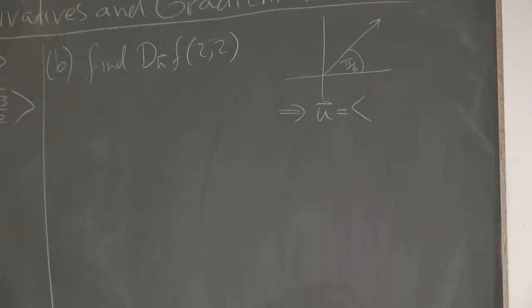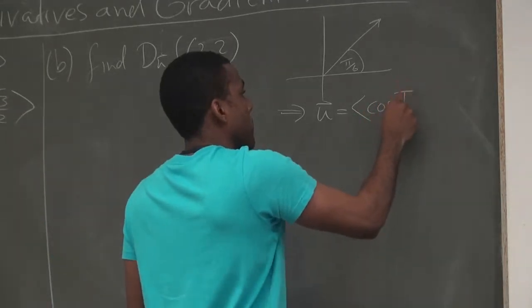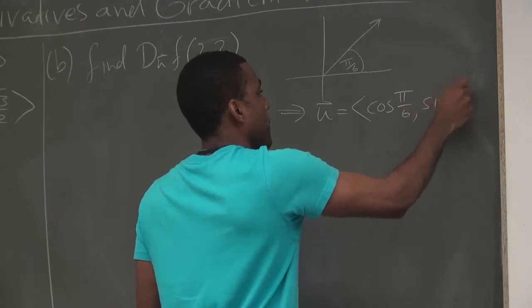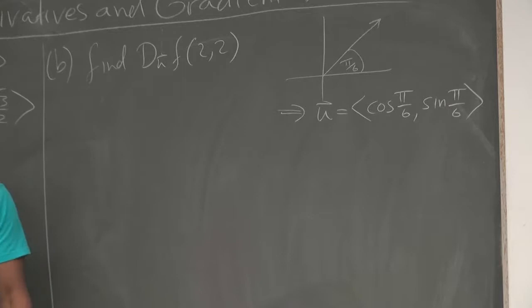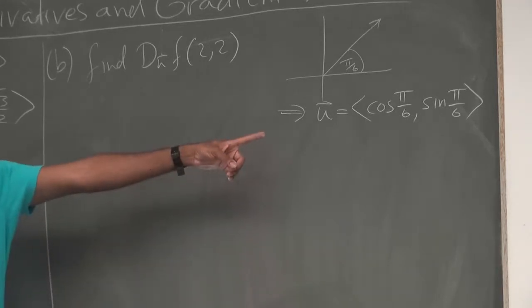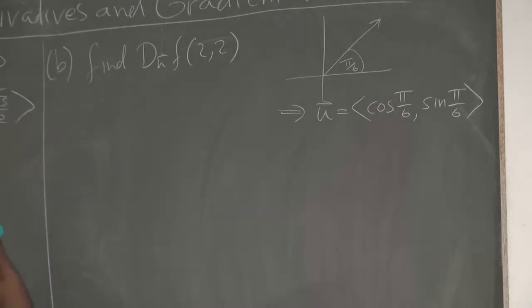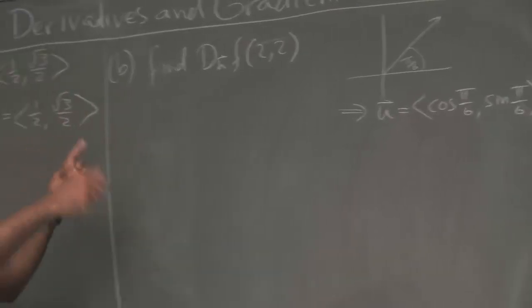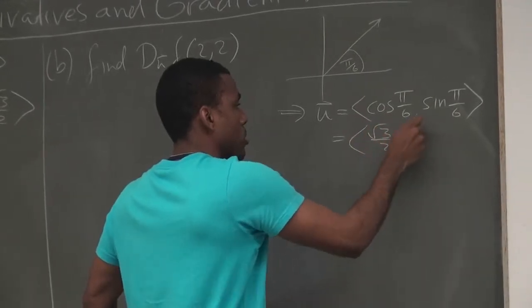Same as last time: cosine of pi over 6, sine of pi over 6, because it's a unit circle. Because it's a unit vector, it corresponds to the unit circle, and so you can describe any unit vector, if you're given the angle, by cosine, sine. So this is radical 3 over 2, comma 1/2.